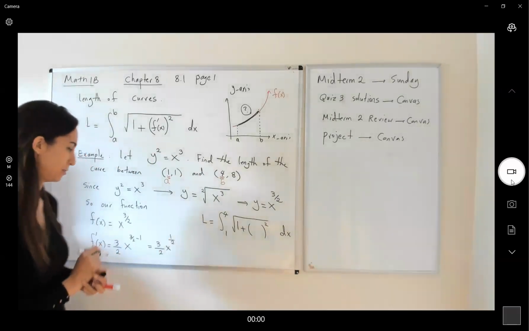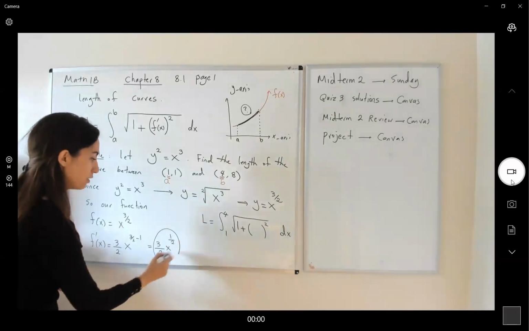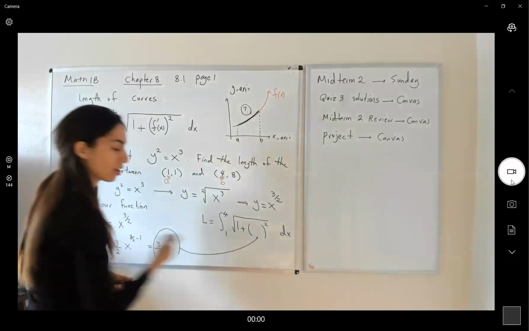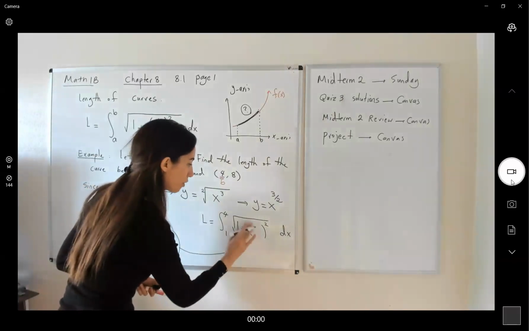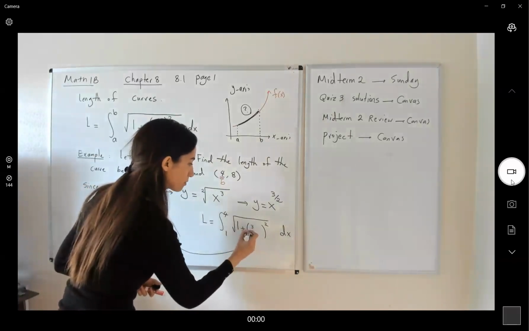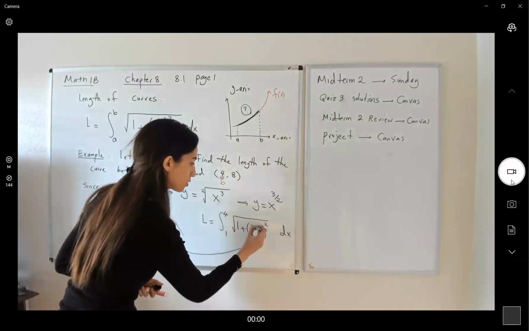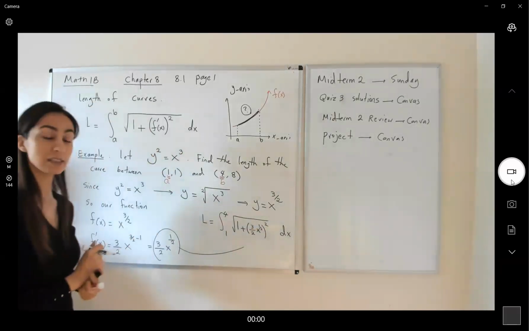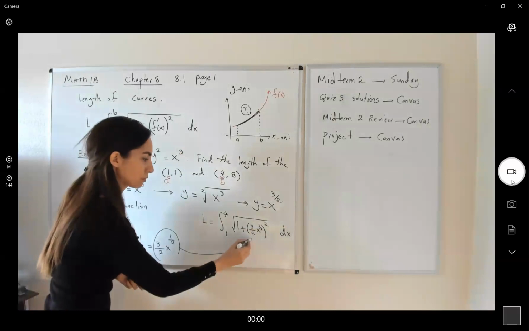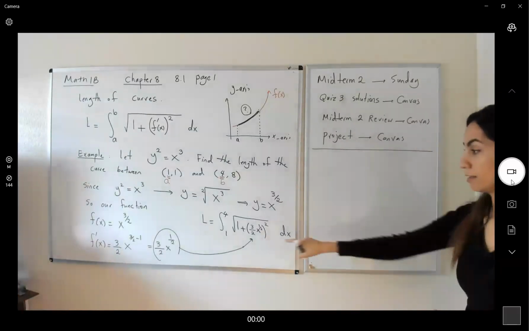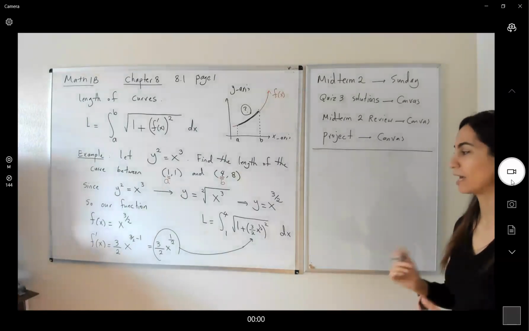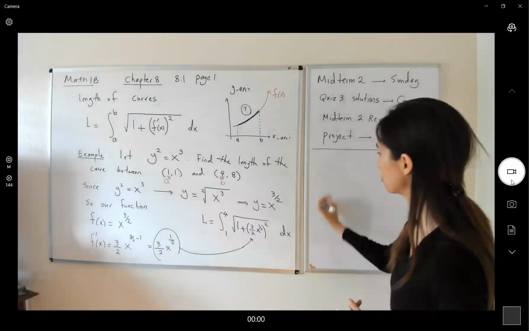Let's plug that in. This derivative goes inside parentheses. So here you have 3 halves x to a half, raised to 2. There you go. Let's simplify this integral and try to take the integral.